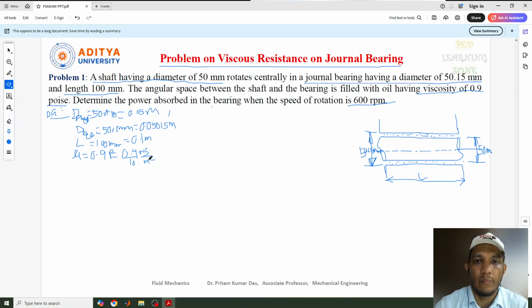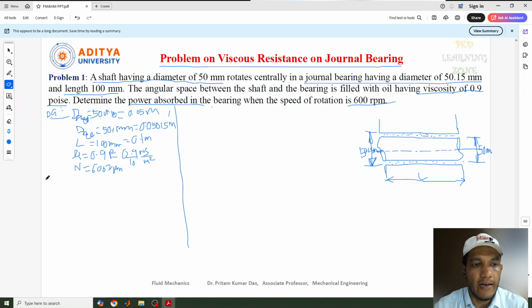And the speed N is given as 600 rpm. Now we need to find out the power absorbed in the bearing when the speed of rotation is 600 rpm. So this is all about the data given for us.